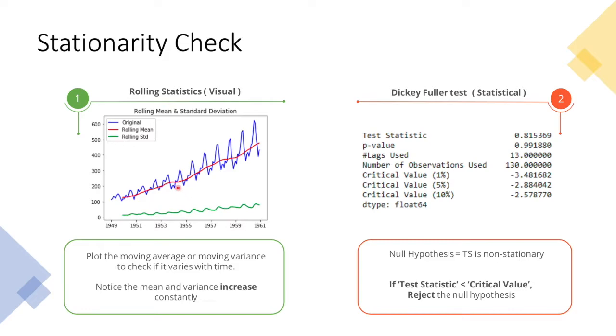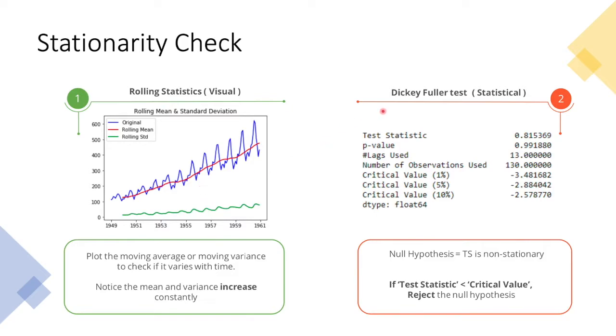We apply the rolling mean and rolling standard deviation on the original data, and we get the red line as the rolling mean and the green line as the rolling standard deviation. It's apparent that the rolling mean has an uptrend, as does the rolling standard deviation. They're not constant, and they depend on time. So this time series data is not stationary.